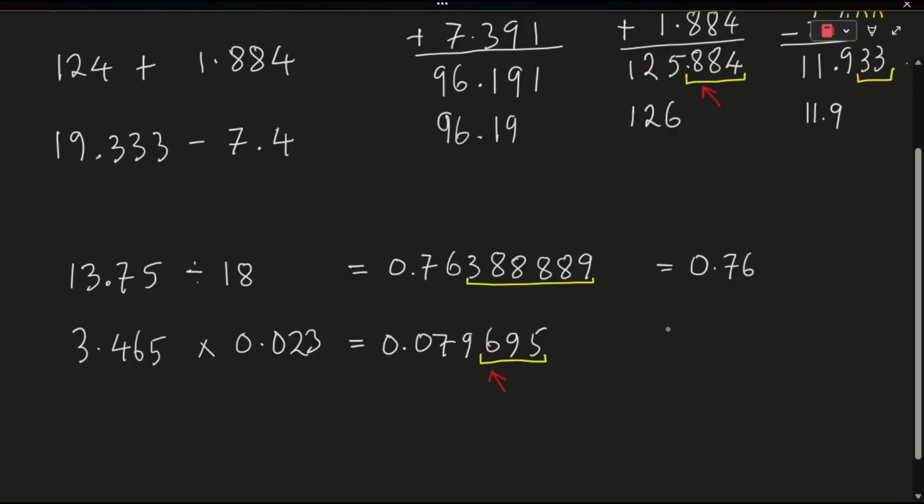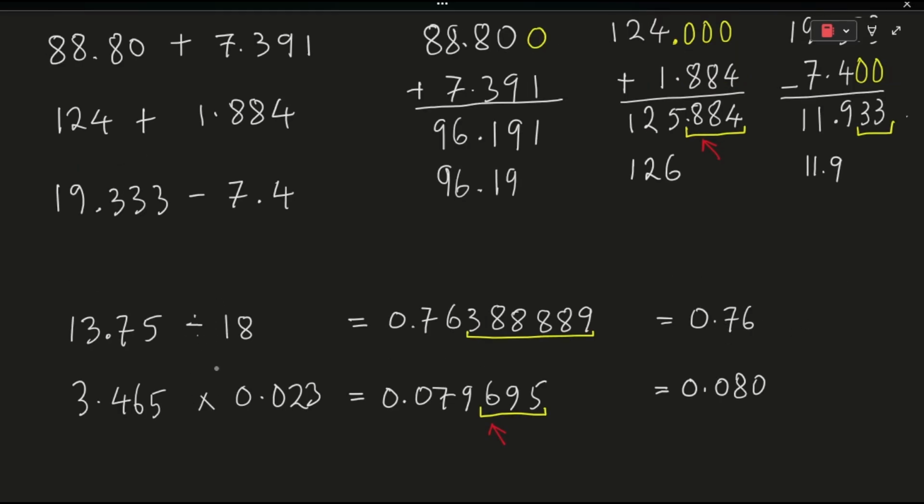So we're going to have as our answer 0.080. In carrying out division or multiplication, the number of significant figures that our answer should have is determined by the least number of significant figures as our original numbers.